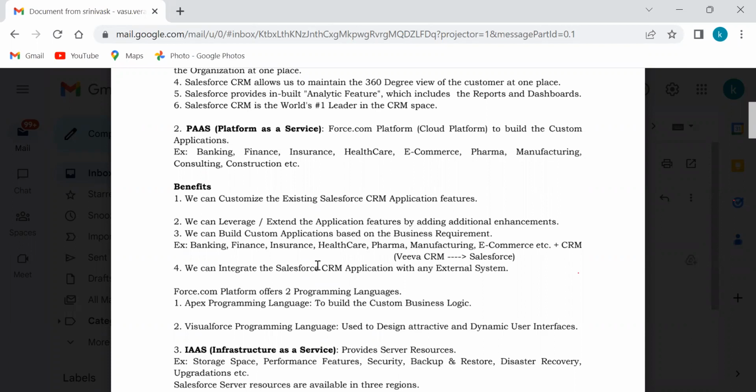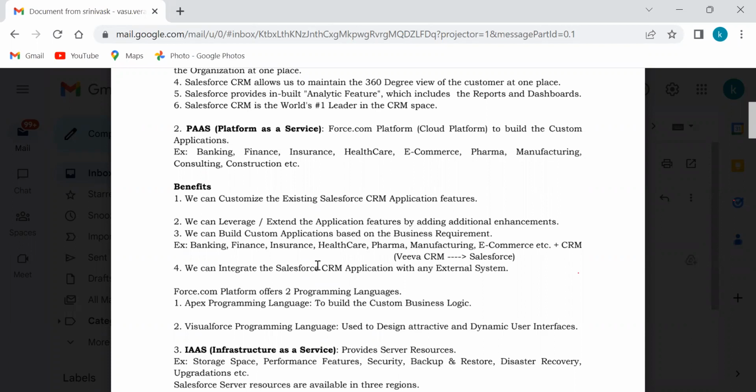So why are we integrating? To exchange some data, or to share some data, or to share some business logic, or to share some records, we can integrate. Sometimes banking applications will be integrated with insurance companies also, to get your relevant data from insurance departments. That is what is called integration.